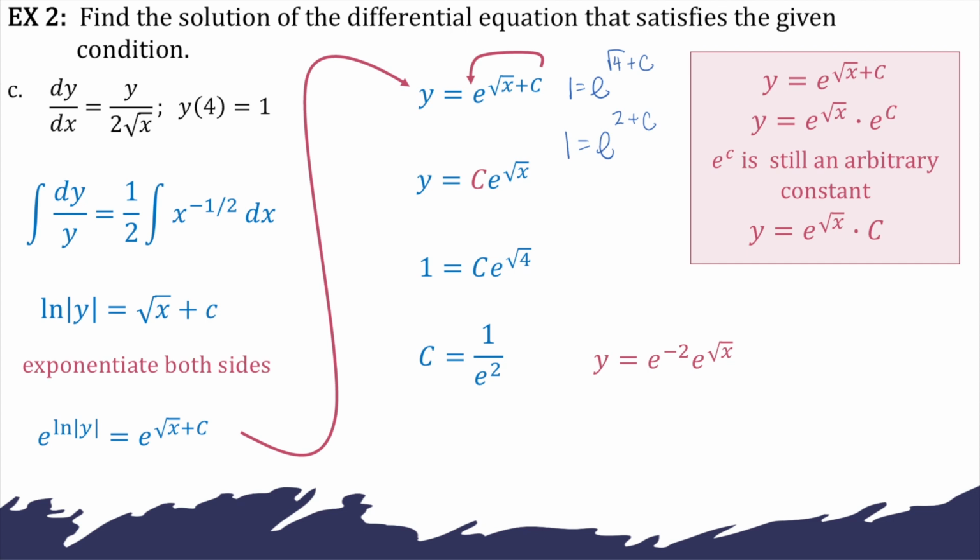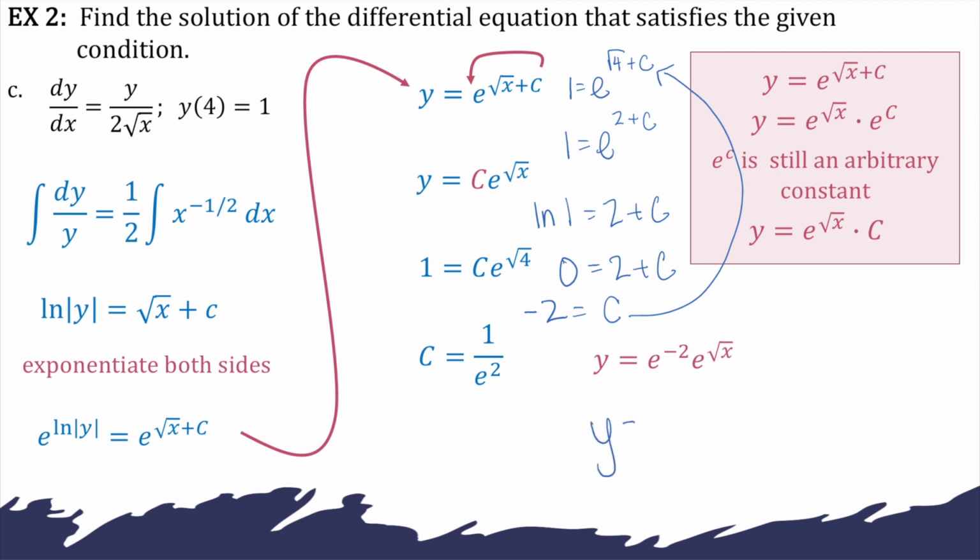So now to get that c out of the exponent, goodness gracious, I'm going to have to take the natural log of both sides. The natural log of 1 is 0. Okay, and then so c equals -2. So if I plug that back in, I'd get y equals e to the root 4 minus 2.